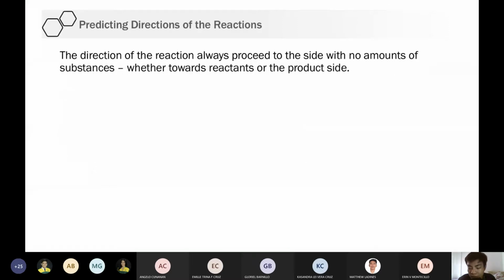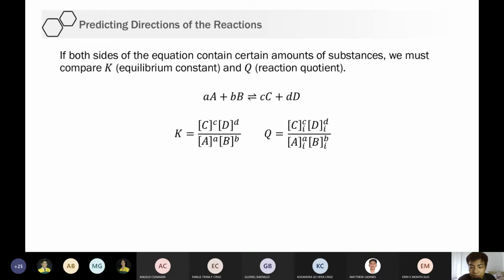So, we also covered the prediction of the direction of reaction. So, we can tell where the reaction is going with the insight on the initial amounts of your species, no, before achieving equilibrium. Okay, so we can do that by comparing Q and K. No? So Q is the reaction quotient, K is the equilibrium constant.